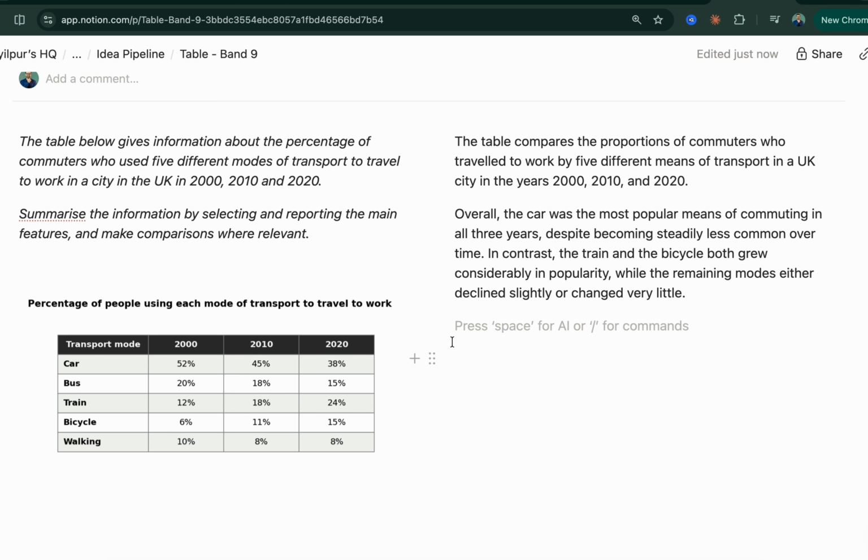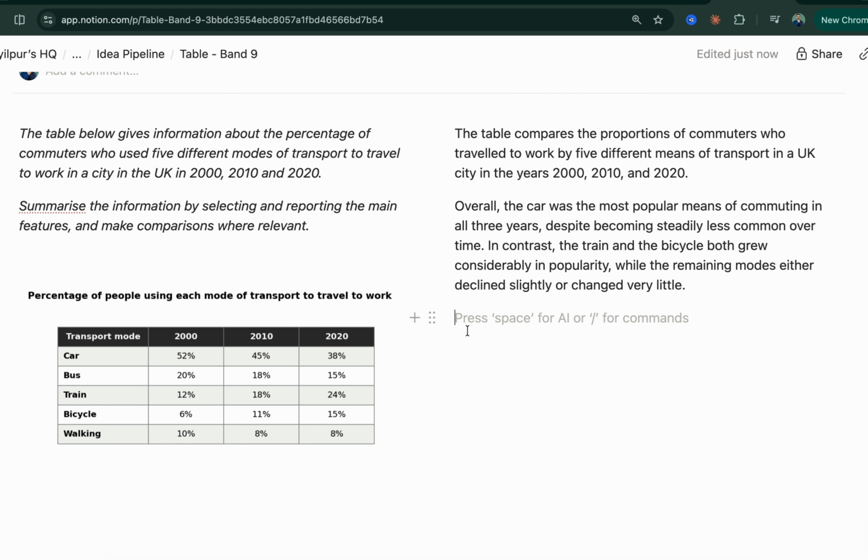Now, it's time to go for our body paragraphs, and we're going to write 2 body paragraphs for this table. When you write your body paragraphs, you definitely need to make sure that one body paragraph has a central idea. So the pattern in one body paragraph needs to be consistent in all 3 sentences.